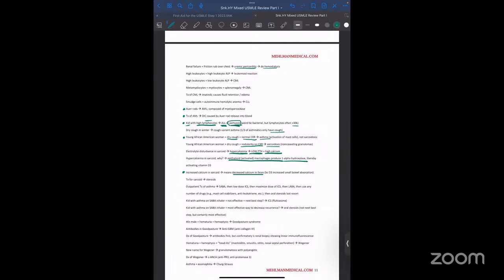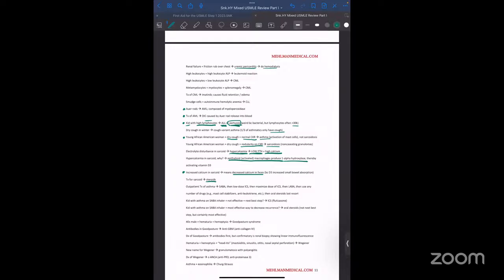Okay. Treatment for sarcoid is steroids.